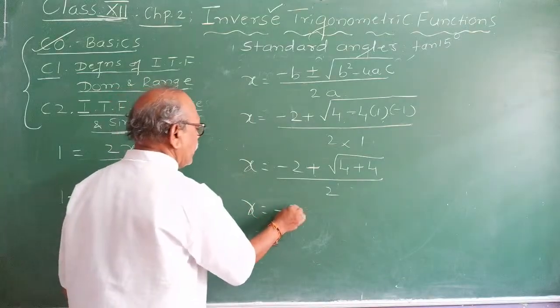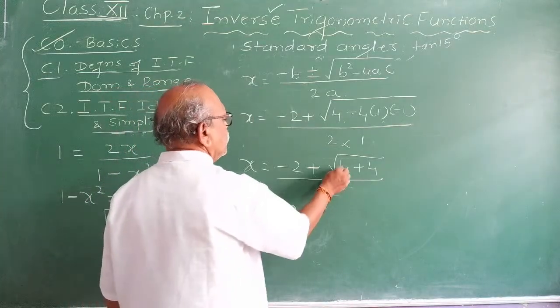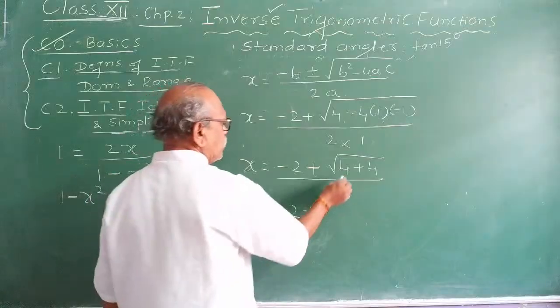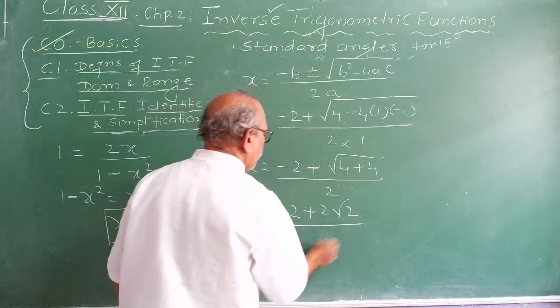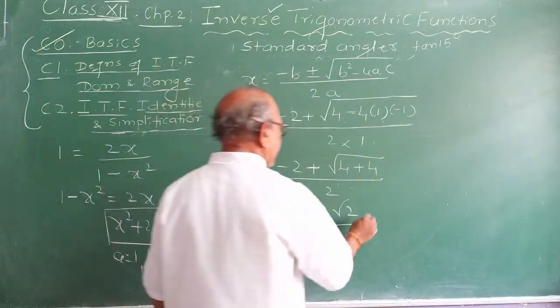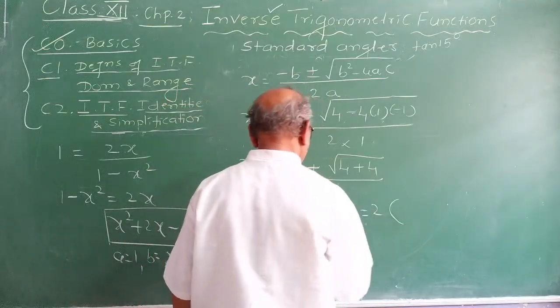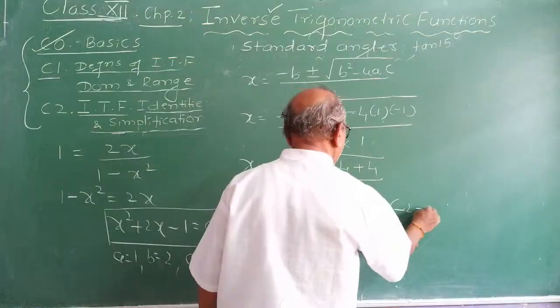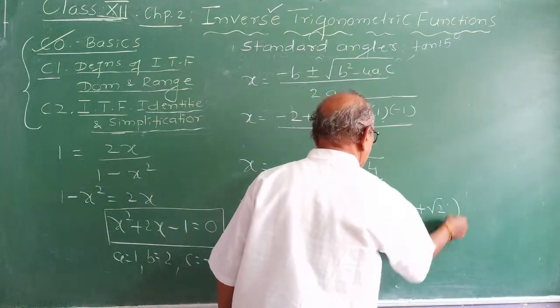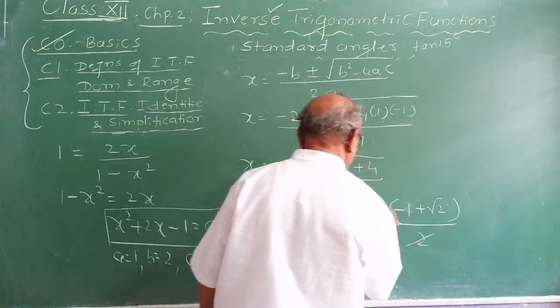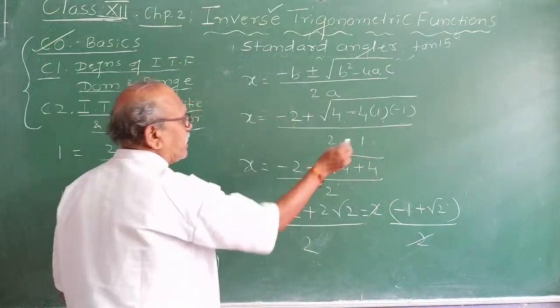You can write now minus 2 plus root 8. Root 8 becomes 2 root 2 upon 2. You can take 2 common in it. You will get minus 1 plus root 2 upon 2, and 2 cancels. What is x?